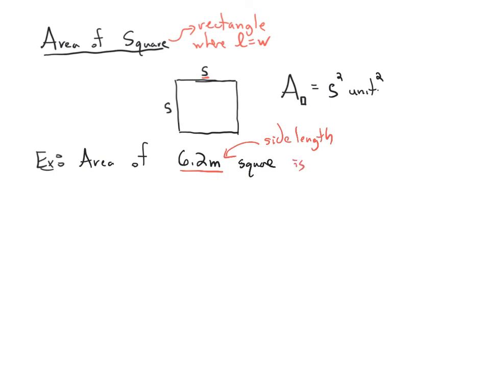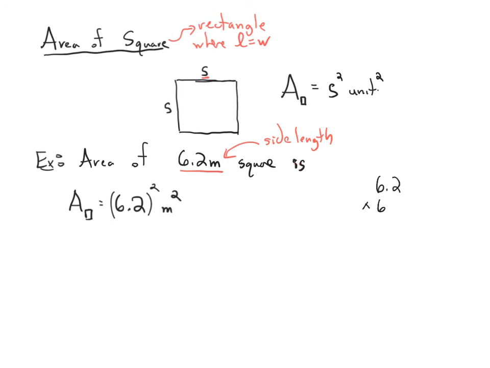Is the following. The area of our square is 6.2, whatever that is, squared. And our units are meters squared, since our measurement here is in meters. So I just need to figure out what that is.